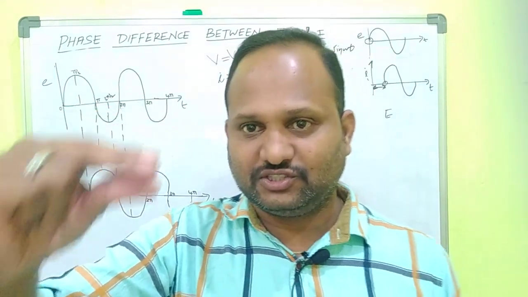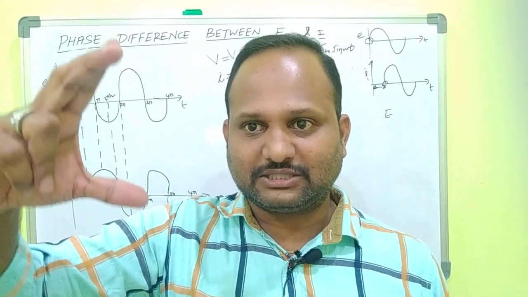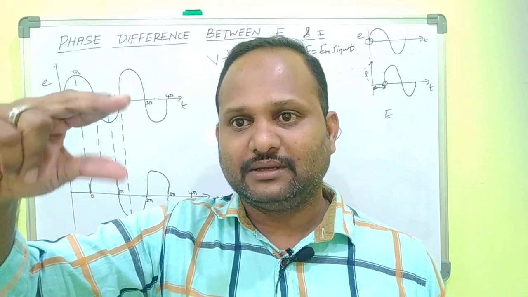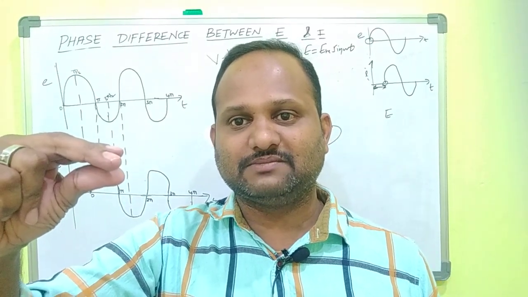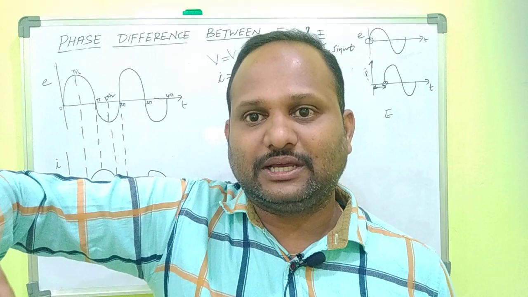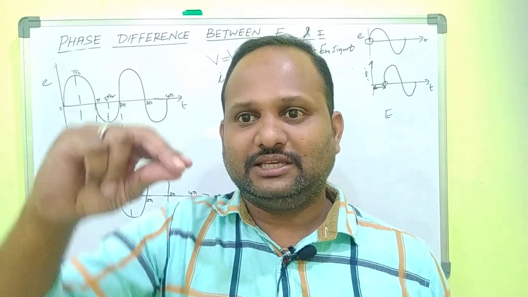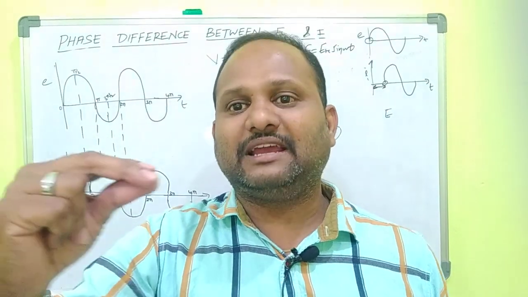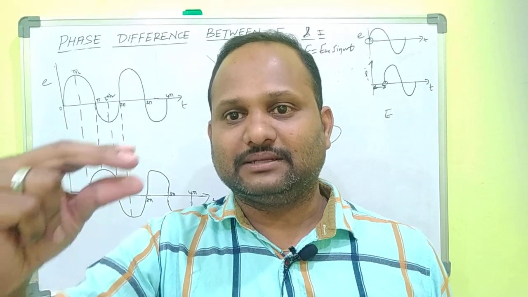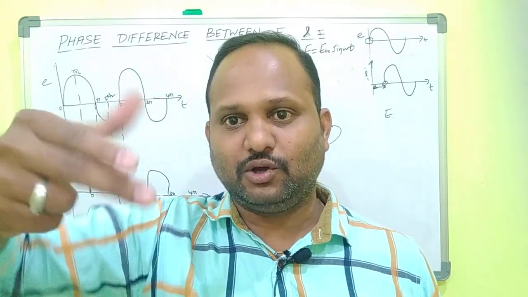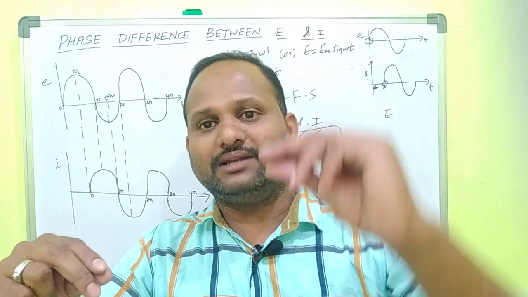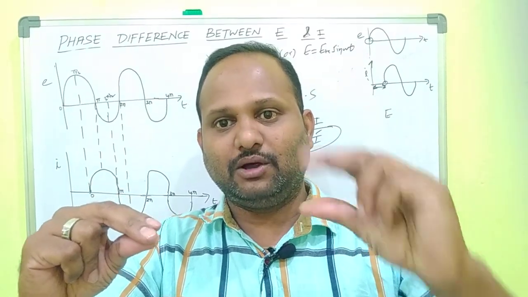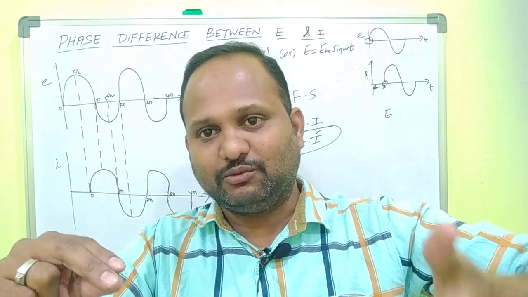Here the EMF is 0 and then it goes to maximum, E = E0 sin omega t, and then it becomes 0 and then it goes to negative maximum. So the EMF propagates like a wave: 0, maximum, 0, negative maximum. Likewise the current also propagates like this: 0, maximum, 0, negative maximum.